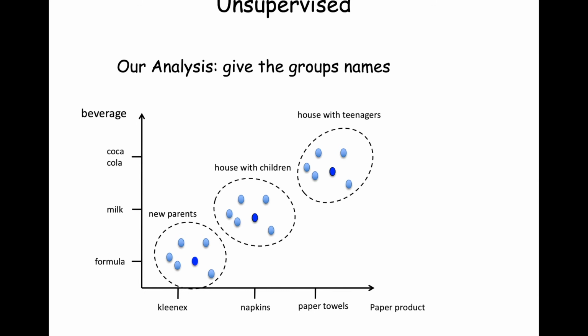Or in the middle, the group that has a household with children. Or on the right, you have a house with teenagers as the group name that you give it. And so this post-analysis of the results of clustering, those natural groupings between data points, is really, really important.